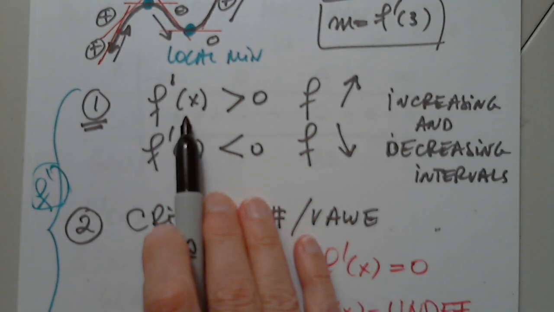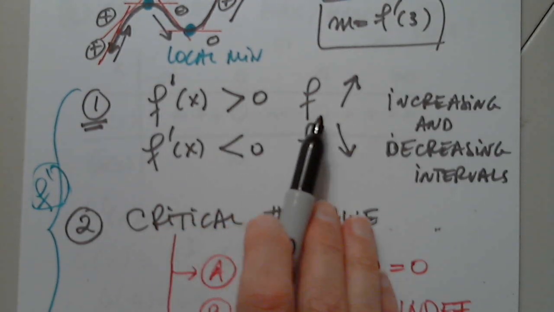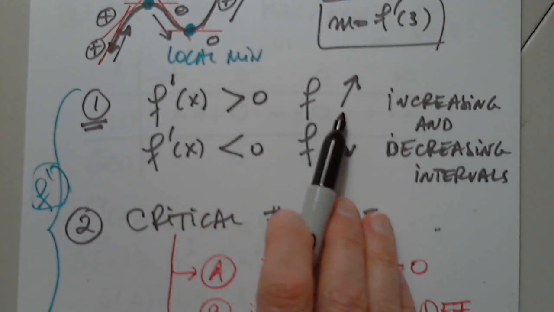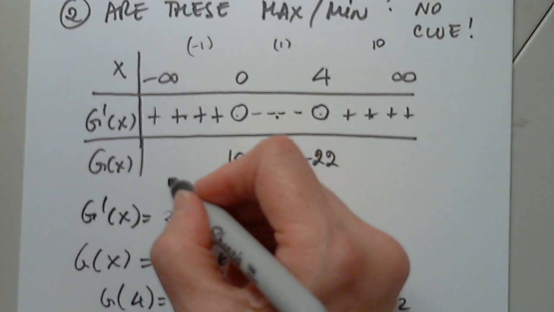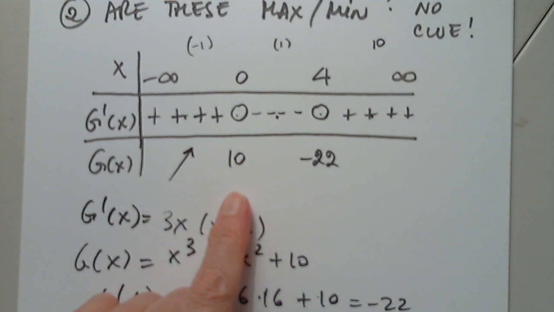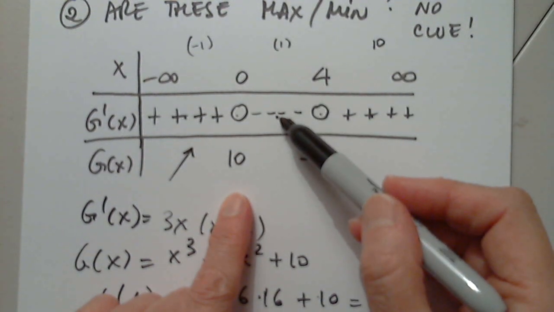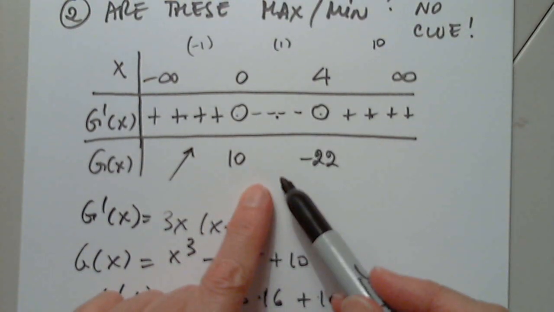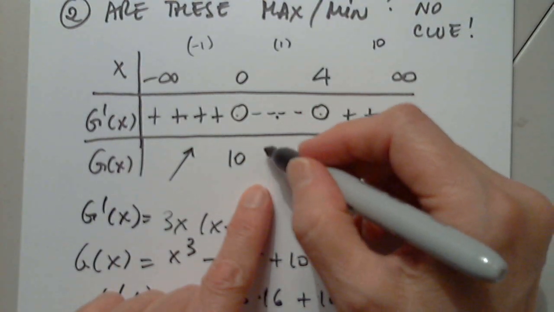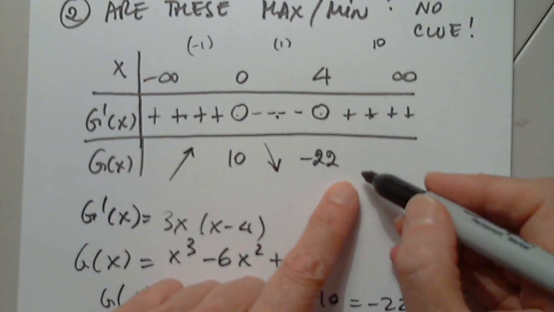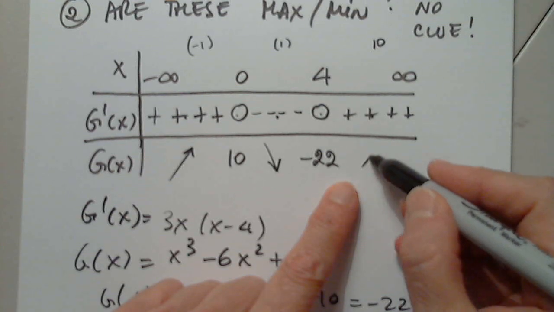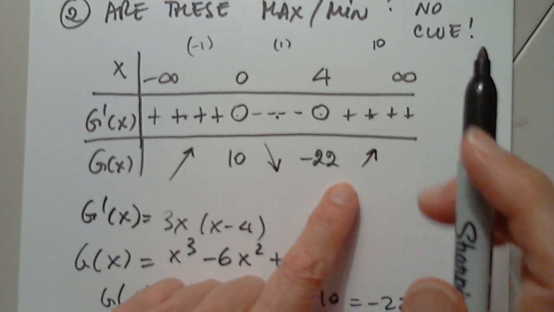When the derivative is positive, the function is increasing. When the derivative is negative, the function is decreasing. When the derivative is positive, the function is increasing.